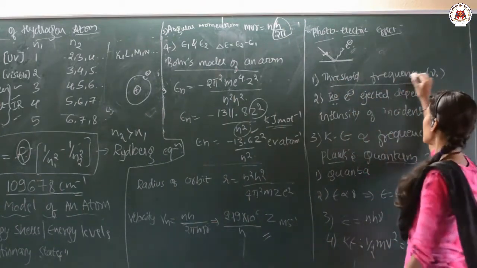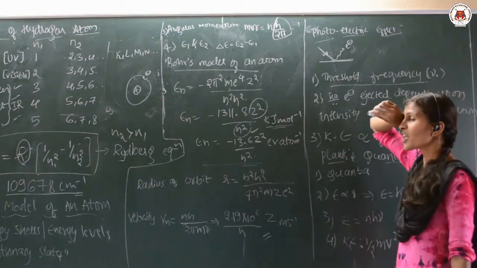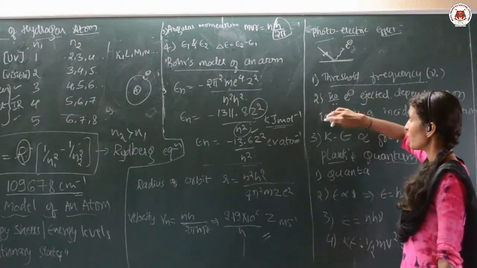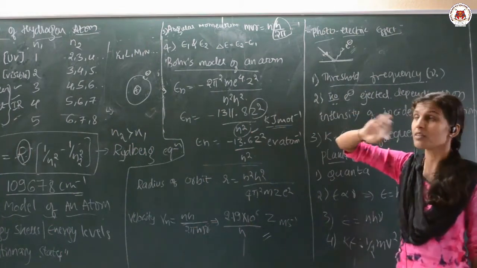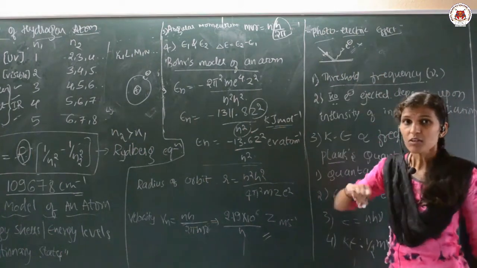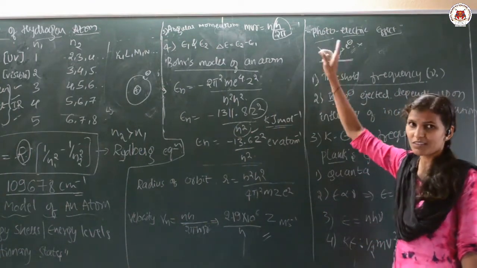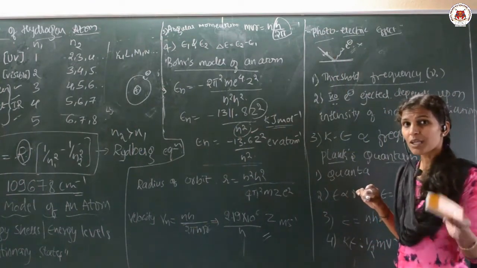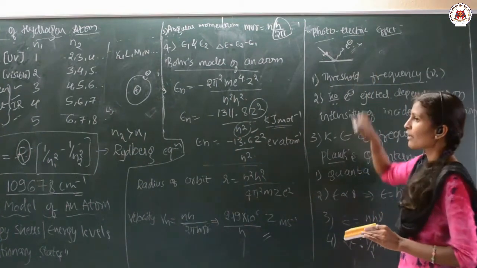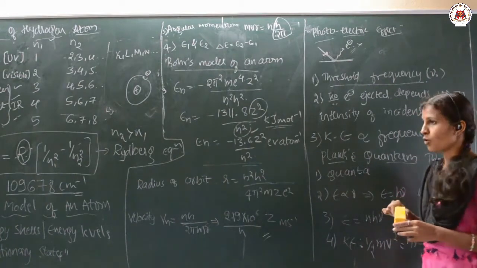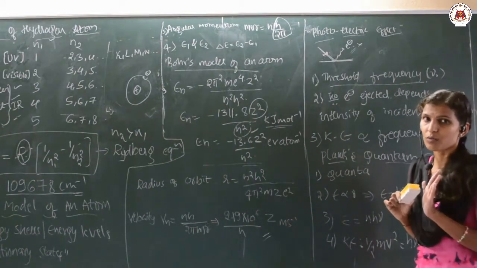If the radiation has a frequency less than the threshold, there is no ejection. Compulsorily, there must be a minimum frequency of the incident radiation capable of ejecting the electron from the metal surface, and that minimum frequency is called the threshold frequency.